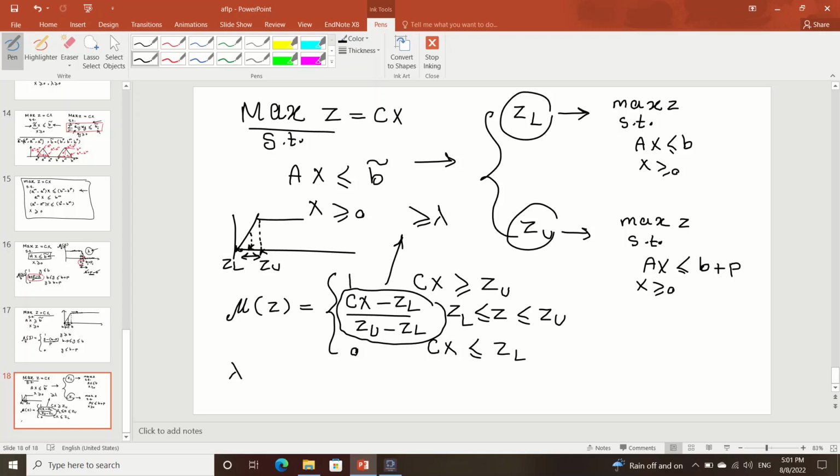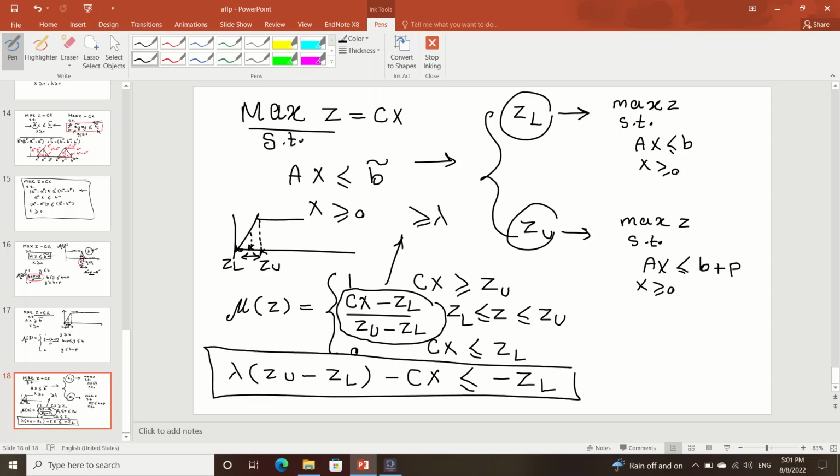So lambda times (ZU minus ZL) minus Cx is less than negative ZL. This is the formulation for the objective function, fuzzy objective function.